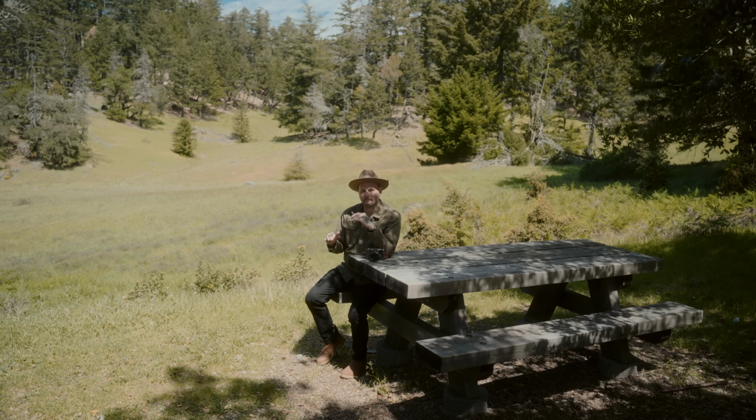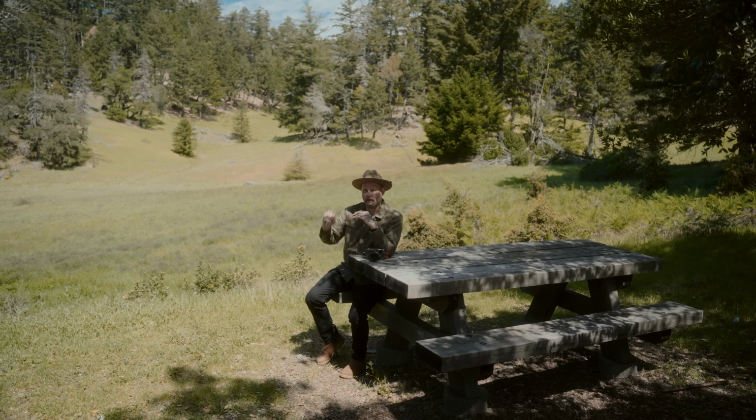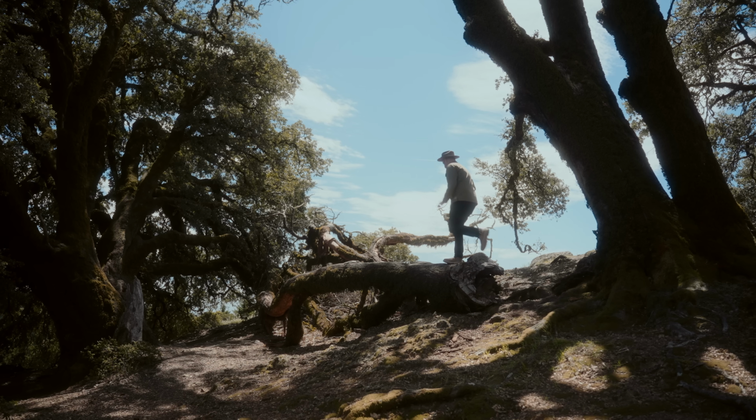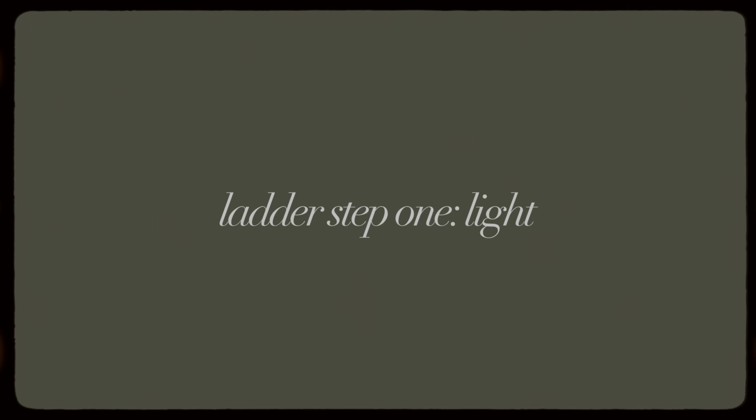And one of the easiest ways that we can identify our own growth and begin to take some steps is to identify the type of subjects that exist at the different levels of our photos. And as we begin our climb, the very first step on the ladder is light. Light is one of those things that can really make or break a scene.